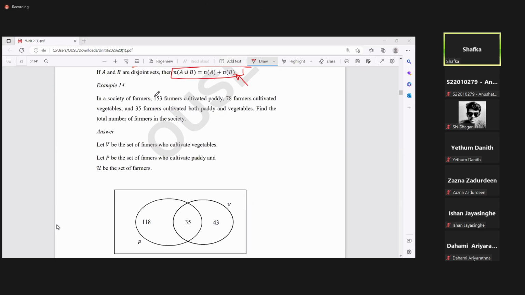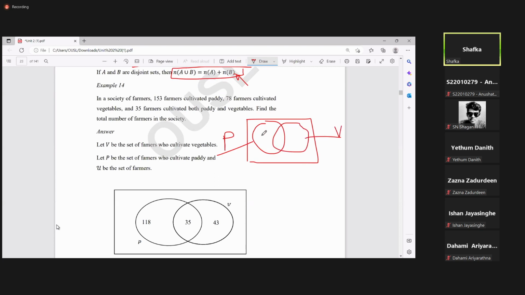Let us represent paddy as P and vegetables as Q. If I mark 153 inside this region, is that correct?